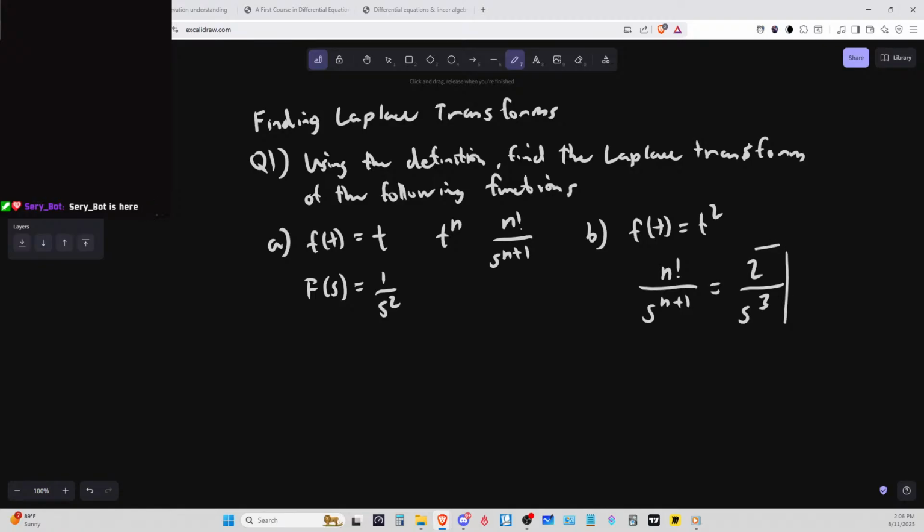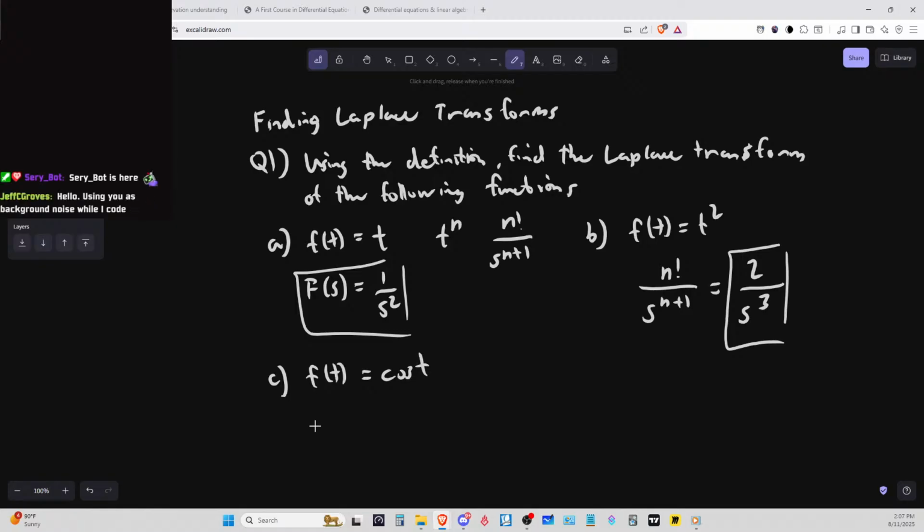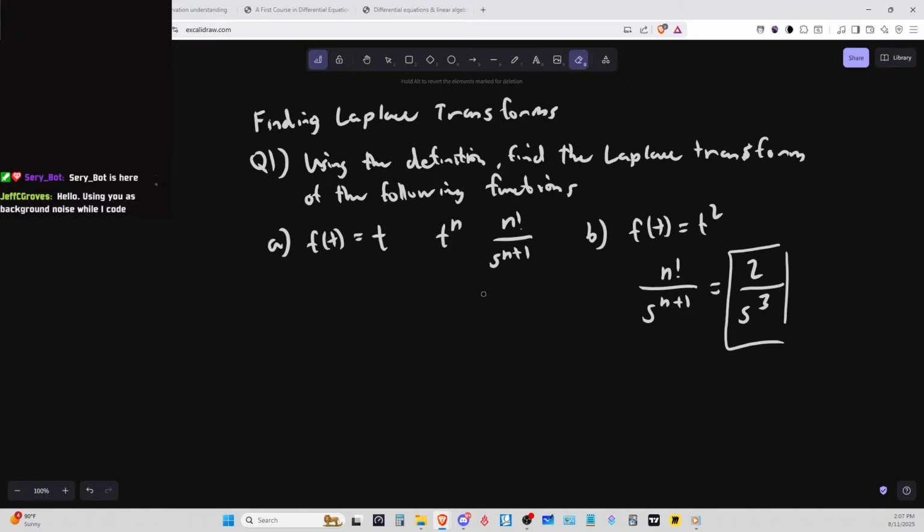I believe that is our Laplace transform for this one. Yeah, I'm trying not to look at the table too much. Oh, it says use the definition. Oh, okay, so I guess we'll go back and we'll actually just try to apply it. I think that's probably better, so that way we can get the definition in our heads.